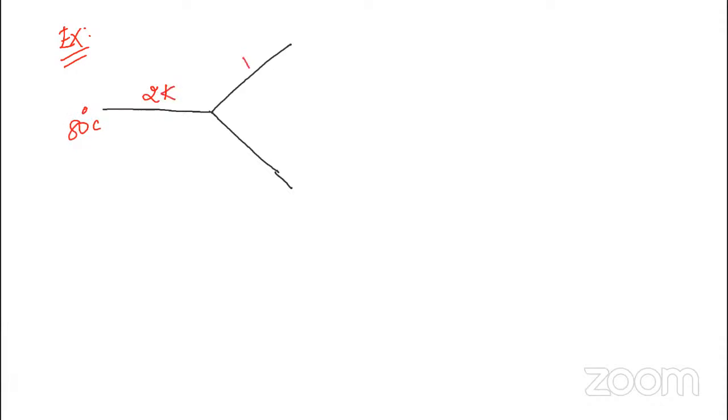And this is for K. And this is for 3K. The ending temperatures are 20 degree and 60 degree centigrade. Okay. Here 3 rods are connected. So this is the first rod, and this is the second one, and this is the third one.